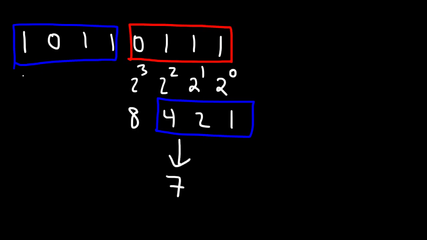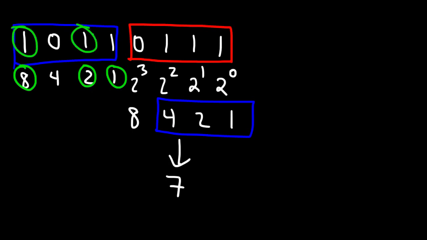Now for this one, this is 8, 4, 2, 1. So we're going to add up 8, 2, and 1 because they have a 1 value associated with them. So 8 plus 2 plus 1, that's going to give us 11.